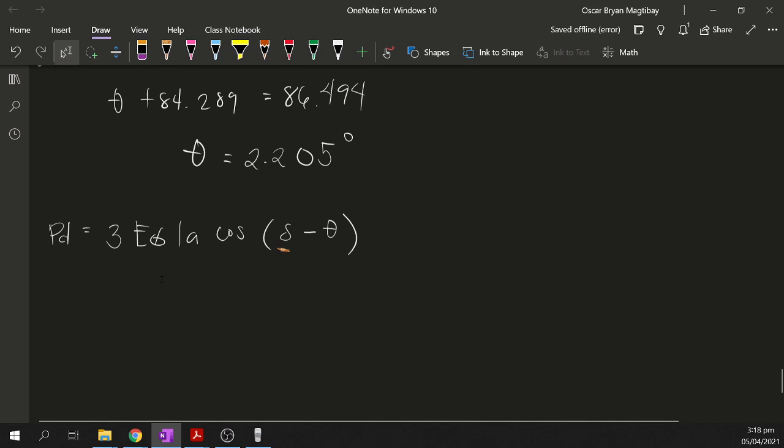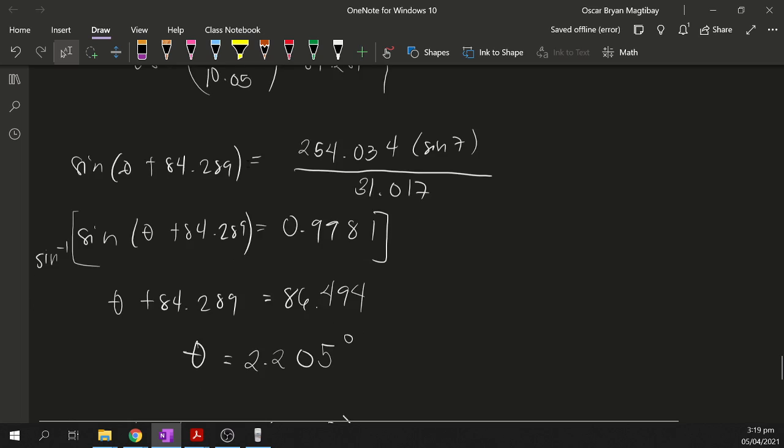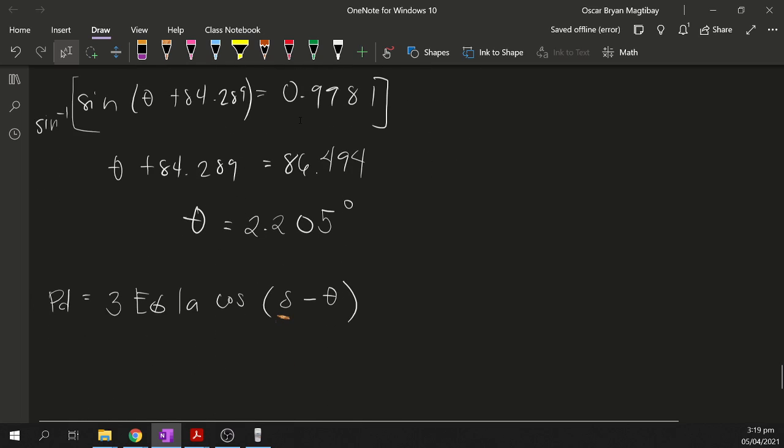Kasi, kung titingnan natin sa vector diagram, kahit i-twist natin itong V phase at gawin natin reference, alam natin na sigma has a negative direction, as our minus theta. So, paano natin mapuprove, sir, na ano magiging sign nitong sigma natin?